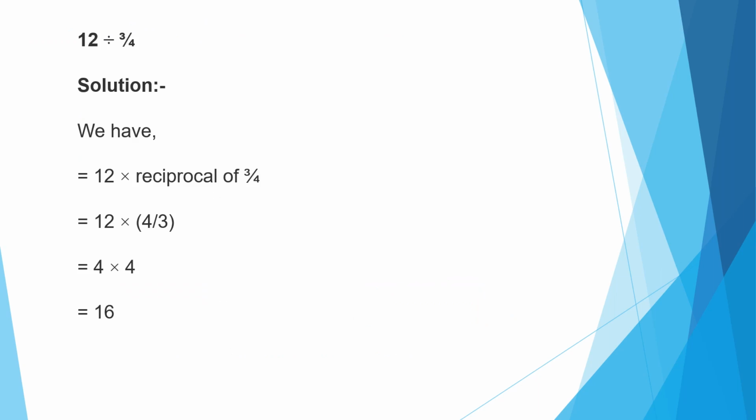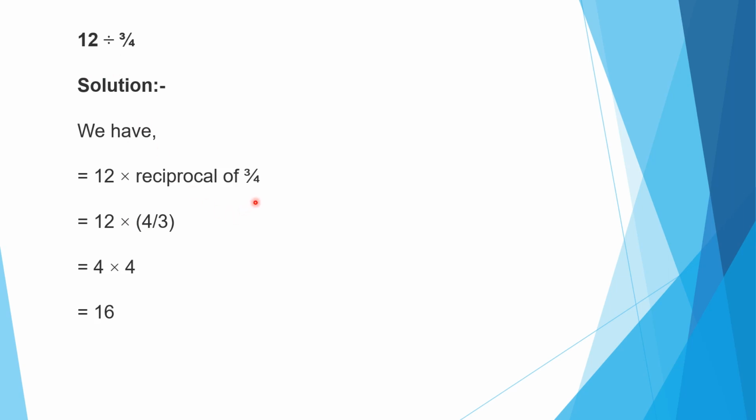Here we have one sum, that is 12 divided by 3 by 4. 3 by 4 is the divisor here, so we have to get the reciprocal of the divisor. First, we convert this division into a multiplication sign. Then we write the reciprocal of the divisor, that is 3 by 4.